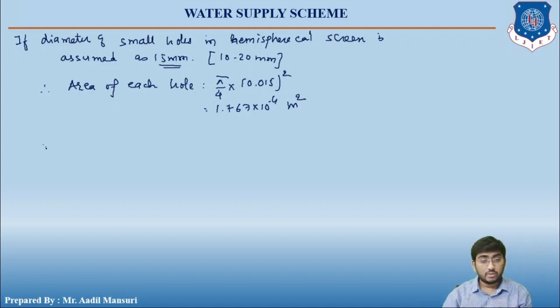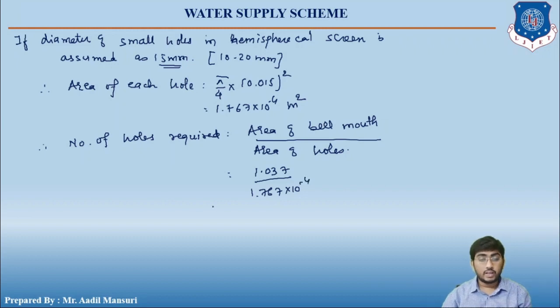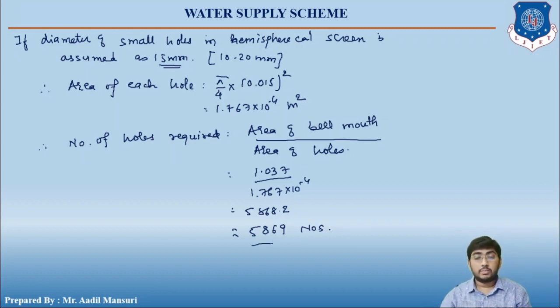Therefore number of holes required will be equal to area of bell mouth divided by area of holes. So this will be 1.037 divided by 1.767 into 10 to the power minus 4, and this comes out to be 5868.2, that is approximately 5869 numbers.